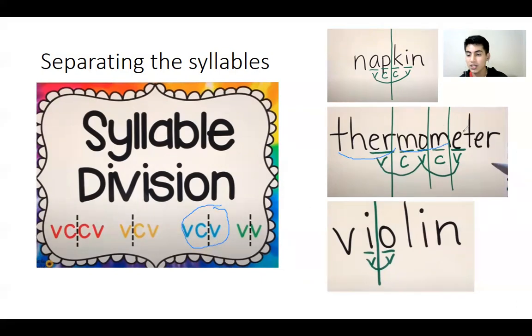Therm-mom-e, we have one syllable with just the peak, no onset, no coda. Therm-mom-e, and the final syllable, ter, with a peak, an onset, and a coda.